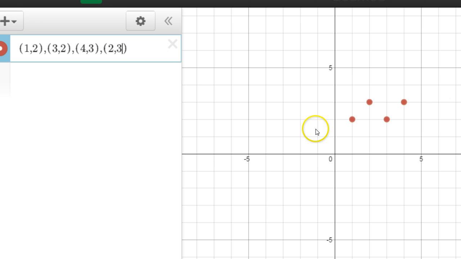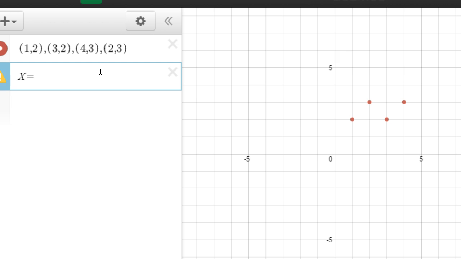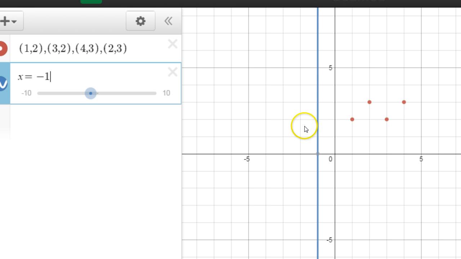Okay, so let's say we're dealing with this quadrilateral right here, and we want a reflection. Now, typically it depends upon where your reflection line is. So x equals -1. Okay, so if we wanted a reflection across this, we would want to make sure that the points are equidistant.